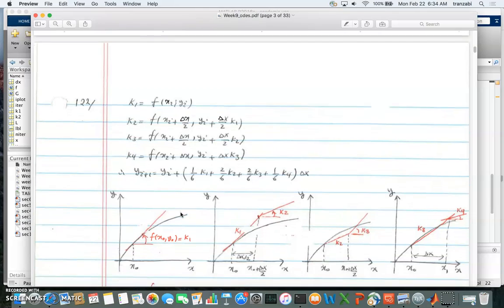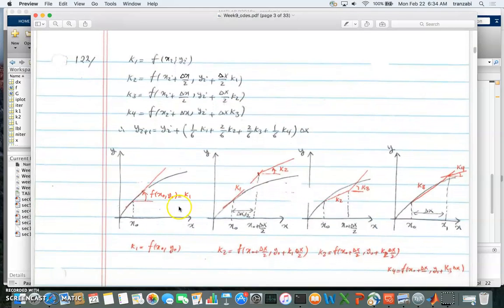So pictorially, in the first equation, we approximate k1 by the slope of the function at the current x0 and y0. So the slope is k1.